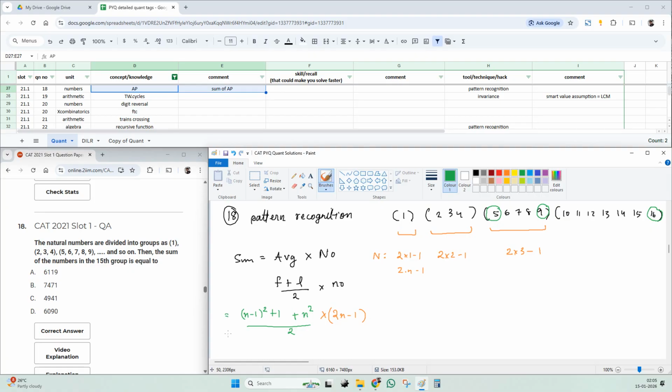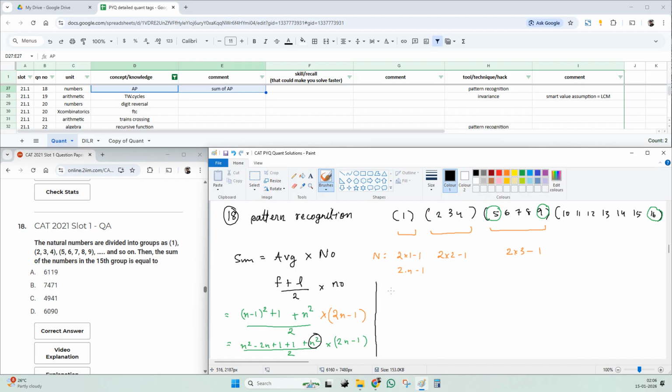Let's write one more row here. This gives you n square minus 2n plus 1 plus 1 plus n square by 2 into 2n minus 1. Now you'll notice that there are 2 n square terms, there's a 2n, there are 2 1 terms. When you simplify this, what happens?